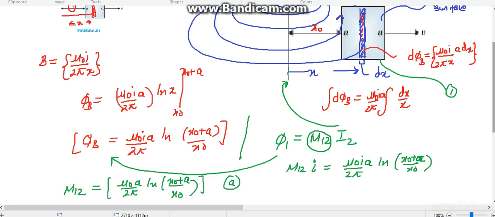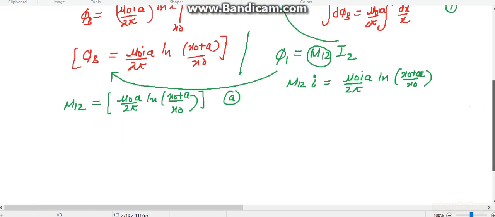Now going to part 2, we have to find the EMF, which would be minus d phi B upon dt, that is the differential of flux with respect to time.